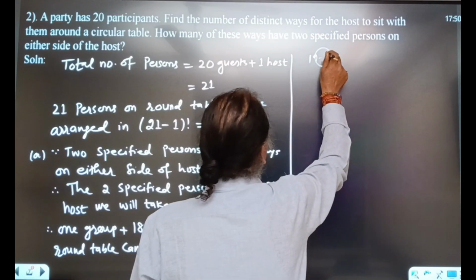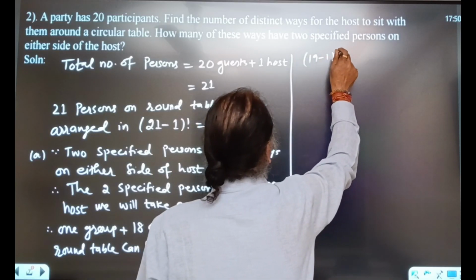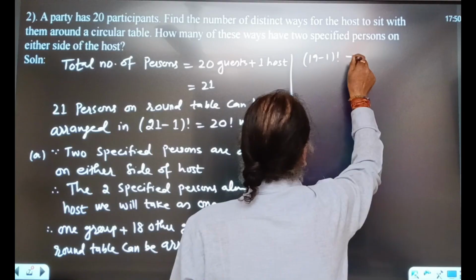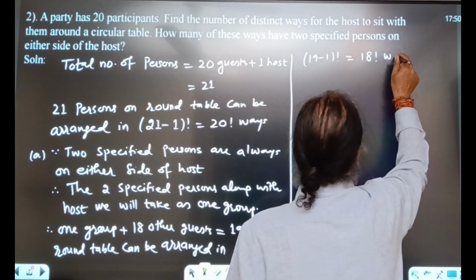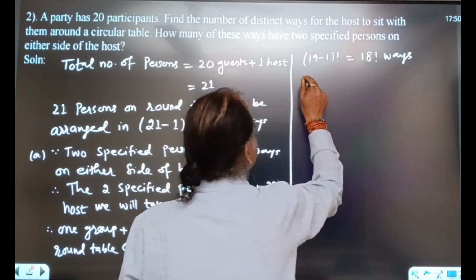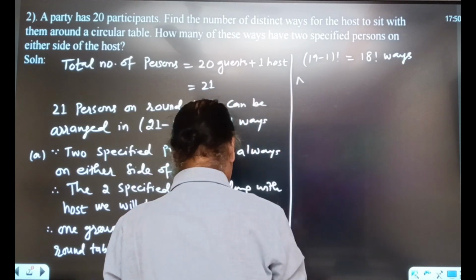Delegates from 24 countries participate in a roundtable discussion. Find the number of sitting arrangements where two specified delegates are always together, never together.